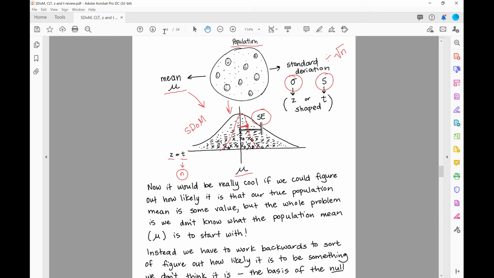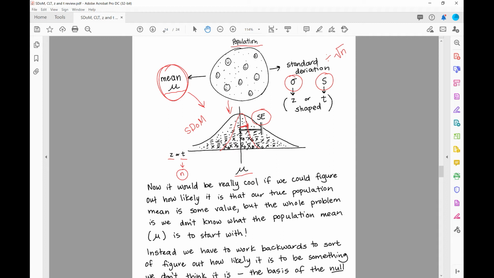Now, it would be really nice if we could figure out how likely it is that our true population mean, right, that's the thing we're really trying to figure out, is some value. Like, I think that IQ among this group is 110. It would be really cool if we could figure out what's the likelihood or what's the probability of that being true.